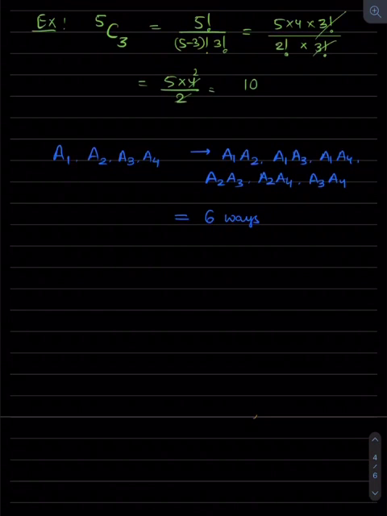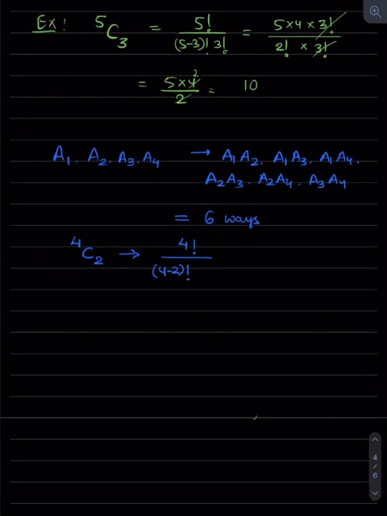This is the concept, and it is called combination. In the same way you can find this 6. This is 4C2, meaning you can select 2 out of 4 in 6 ways. The formula for nCr is n factorial upon (n minus r) factorial into r factorial. Here n is 4, r is 2.